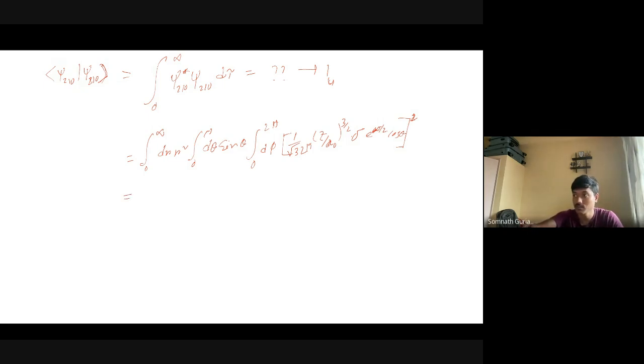Taking the constant term out, it will give you 1 by 32 pi, z by a0 whole to the power 5.